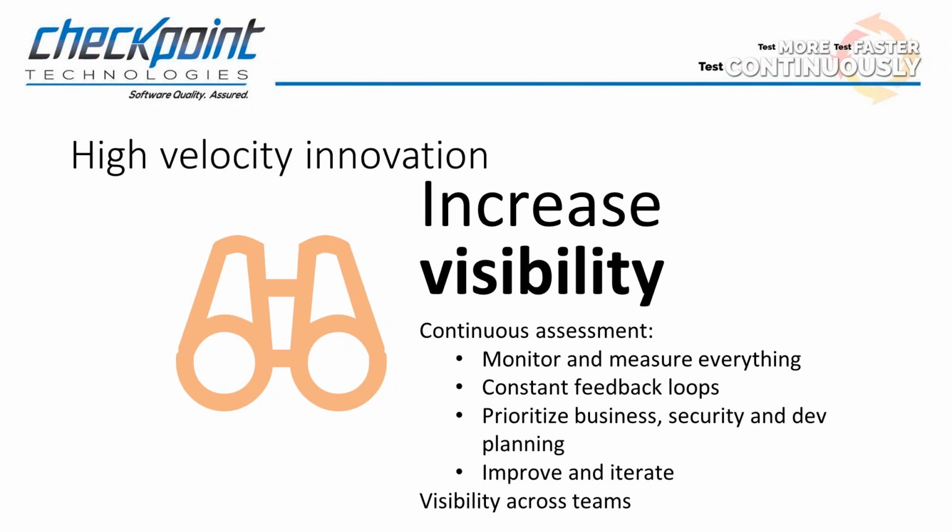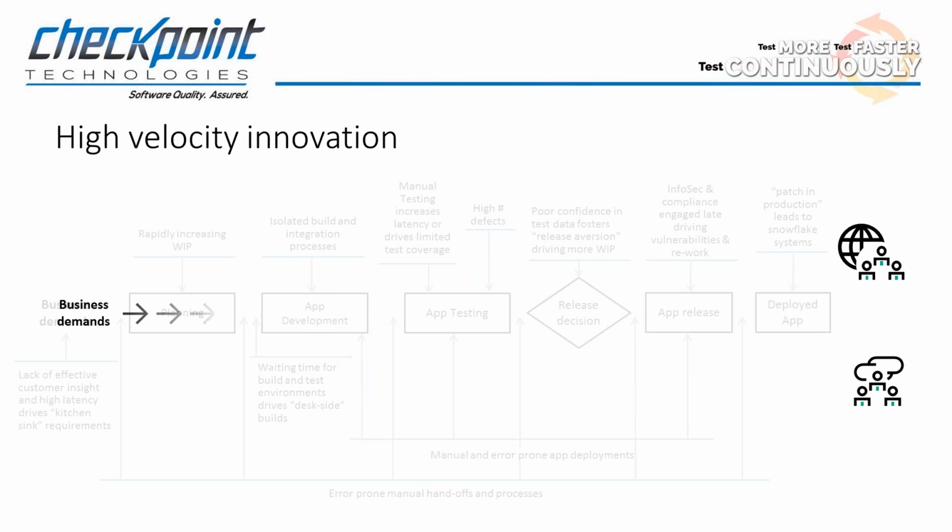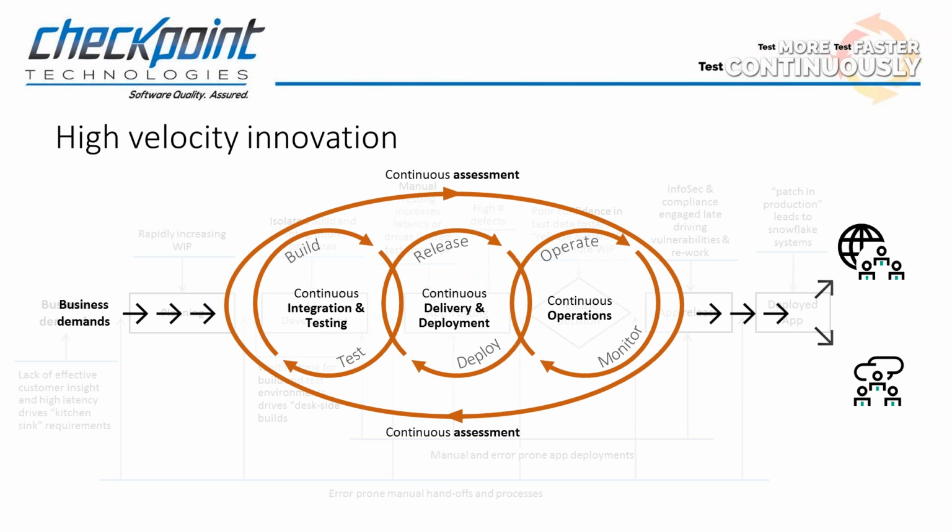Okay, visibility across the teams. We'll never do away with meetings. Sorry, but you always have meetings on a regular basis. But the information provided in a CI environment is enormously valuable and fills the gap between those meetings. So the idea is to replace what's in the background there, that linear process we talked about.